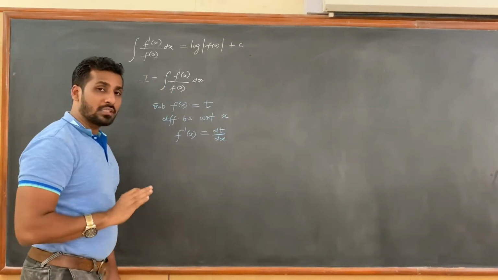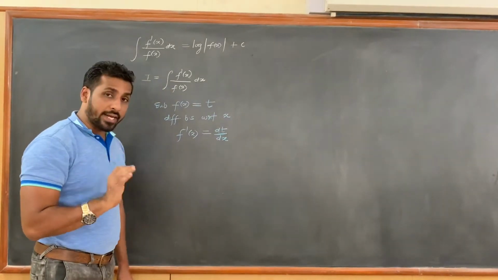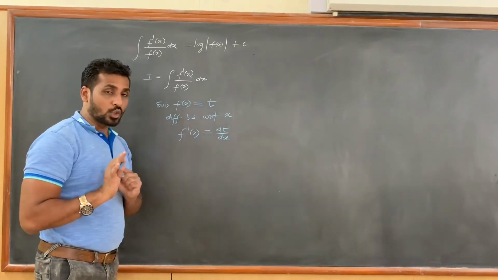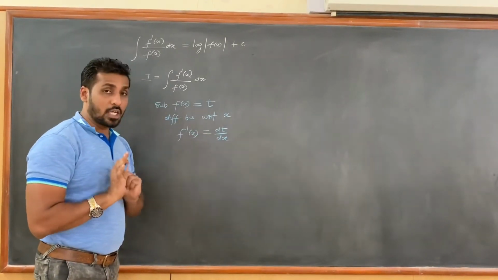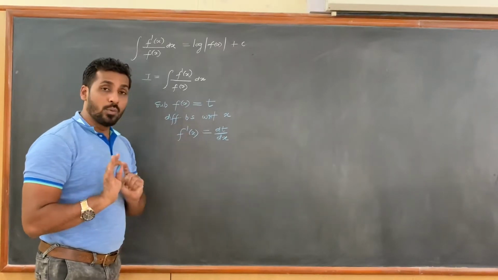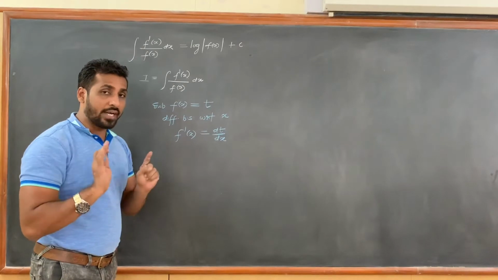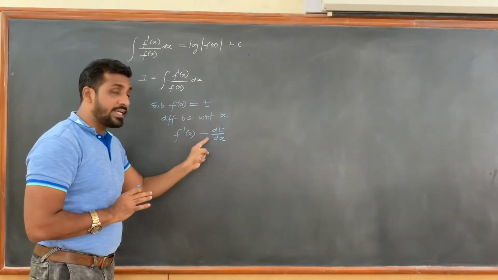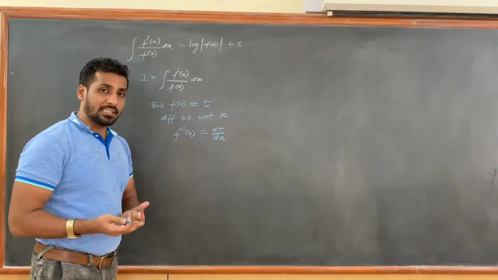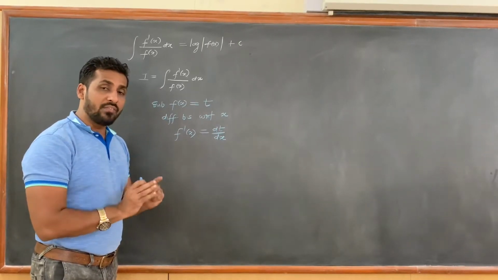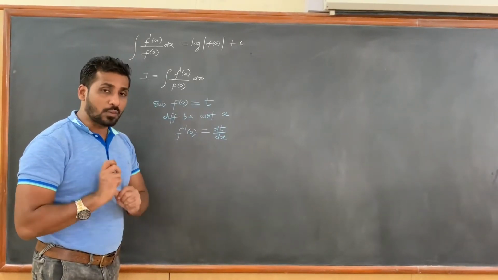Now only for simplicity purpose, what I can do here is I can send this dx on the other side. Now students, this dx does not actually go on the other side because dt upon dx are not two separate terms. It is actually d by dx. But as I said, for simplicity purpose, now we have already learned the previous theorem, the theorem of substitution.